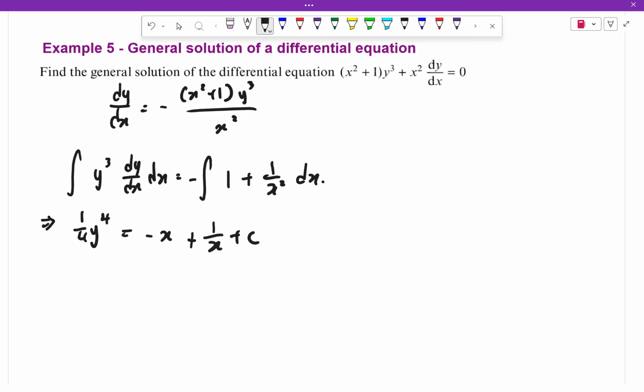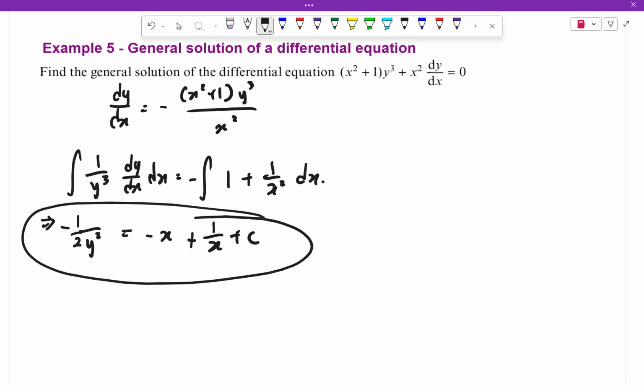So in this case, it will become 1 over 4y to the power of 4 equals negative, it will be positive 1 over x plus c. Oh, it should be 1 over y cubed. Sorry. So this should be 1 over 2y squared, like that. Now, they didn't request us to rearrange. So in a way, this is also a general solution.